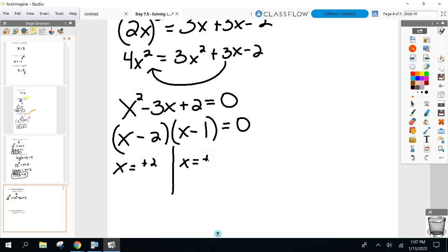Maybe I get x equals positive 1. Does 2 work? Yes. 1? Yes. Thanks, Ava.